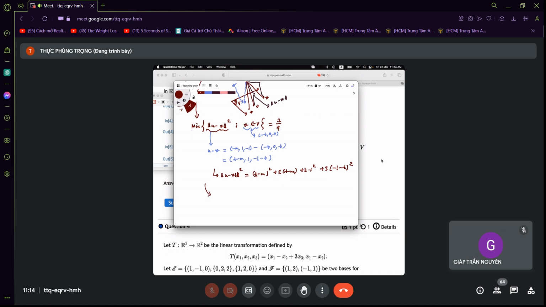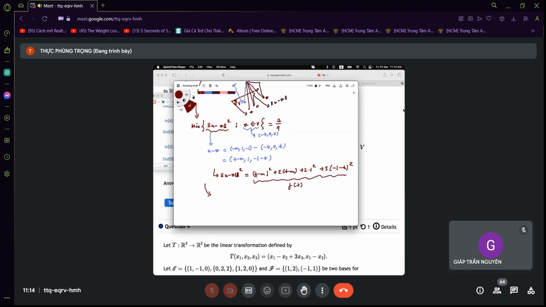Now the mean of this one must be 7/4. But when does the mean happen? The answer is when the derivative of this function equals 0, right? So let's say this is f of t.